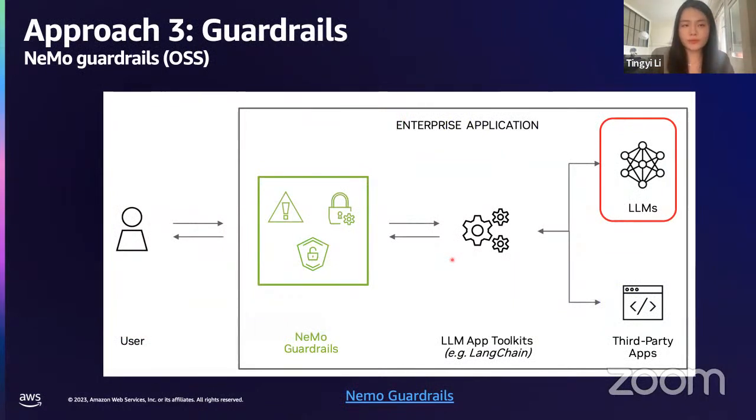So the guardrails. This is the outer alignment. The ideas are actually very simple. For the guardrails, no matter what LLMs are producing, I'm going to have guardrails in between the users and the LLMs. For instance, if the user asks some political questions, but I don't want my LLMs to provide that content, the guardrails will be able to detect that.